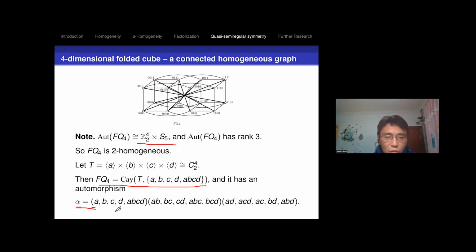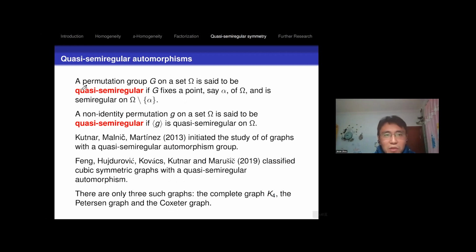Such kind of automorphism, or such kind of permutation, we will call a Cauchy semi-regular permutation. Formally, we have the definition. A permutation group G on a set omega is said to be Cauchy semi-regular if G fixes a point, say alpha of omega, and is semi-regular on omega minus alpha.